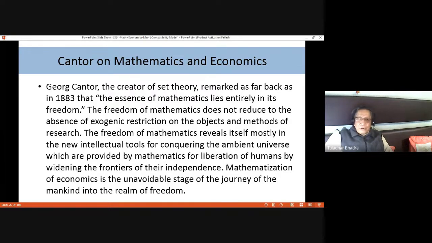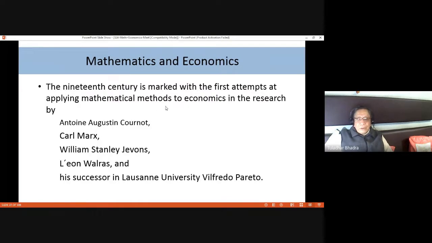So, in 1883, though Cantor made such a remark, the real application of mathematics in economics came into light only after Cantor's intervention. So, the 19th century is marked with the first attempts at applying mathematical methods to economics in the research by Antoine Augustin Cournot.